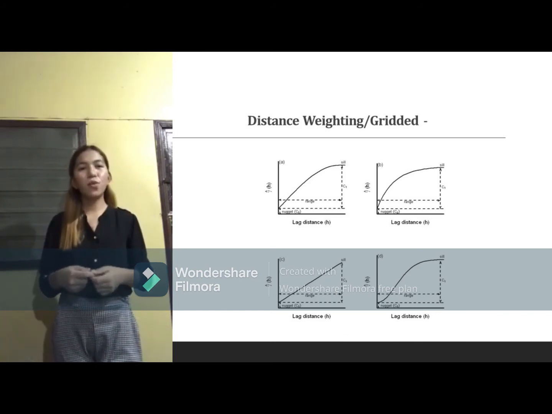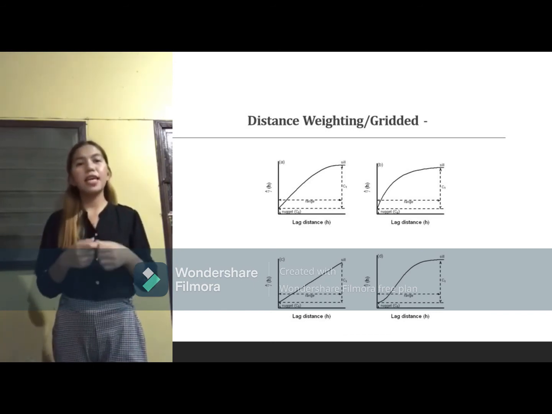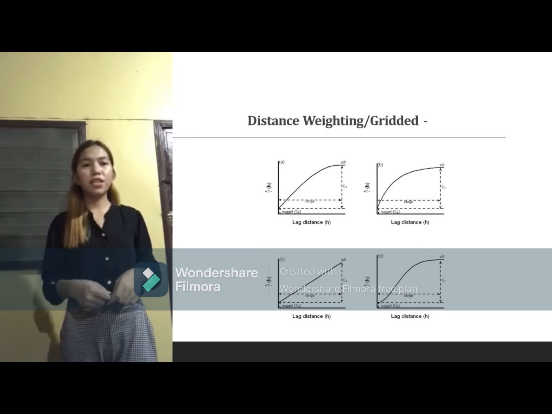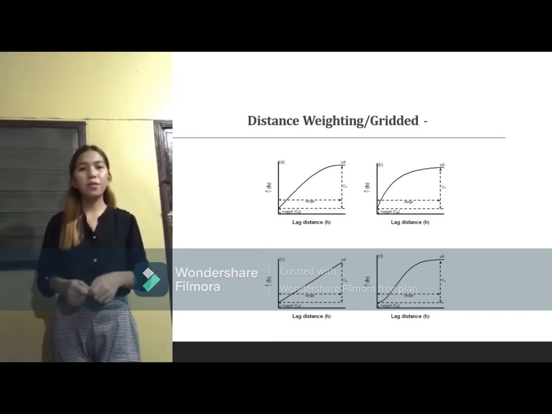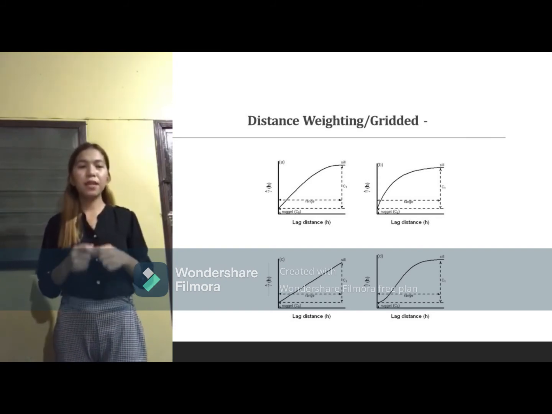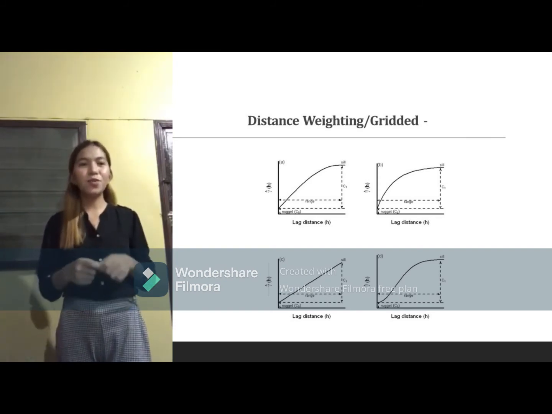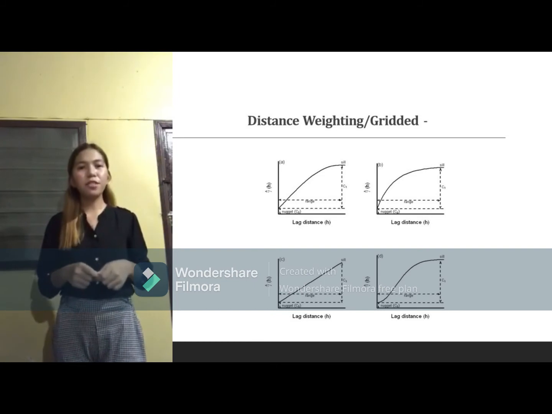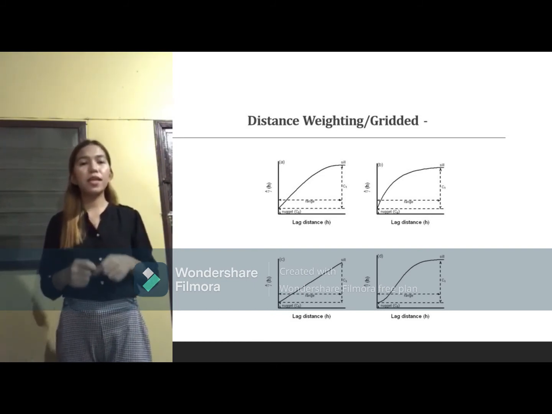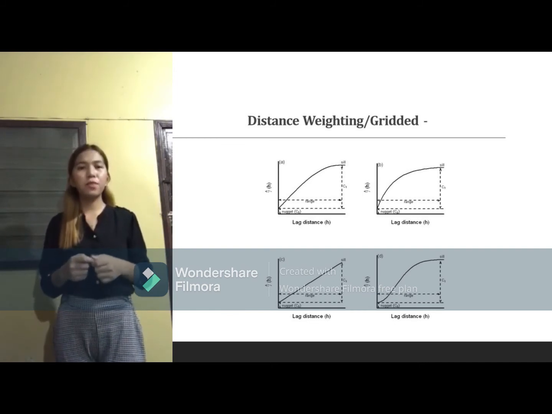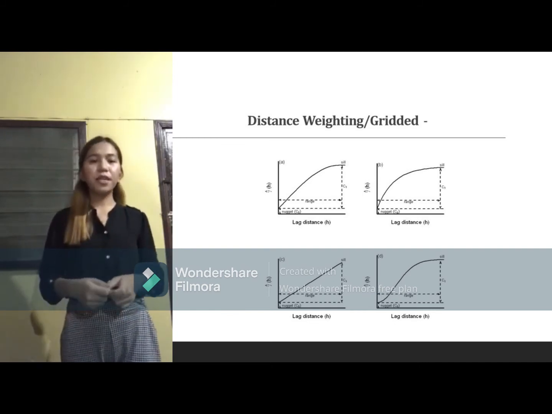So distance weighting or gridding is another station weighting method. A grid of point estimates is made based on a distance weighting scheme. Every observed point value is given a unique weight for every grid point based on the distance from the grid point in question.